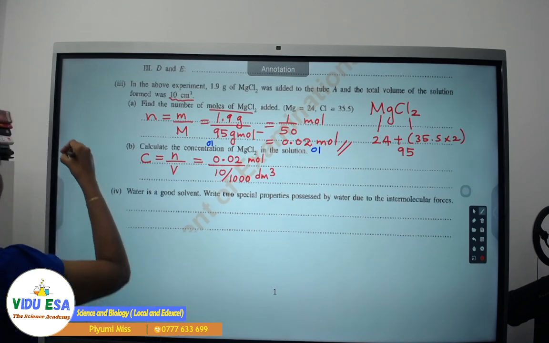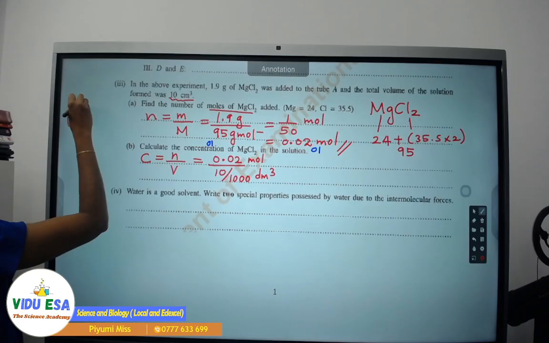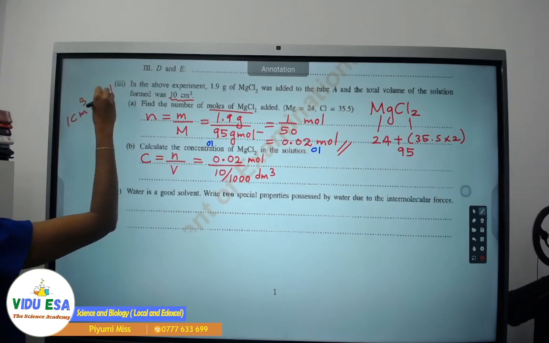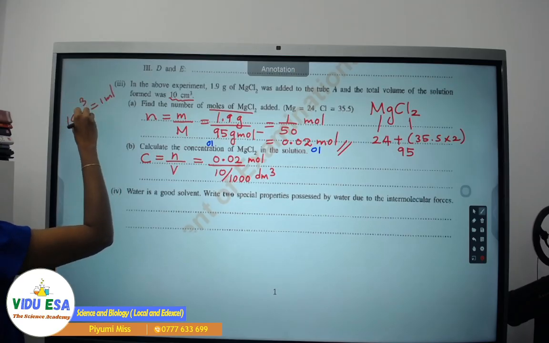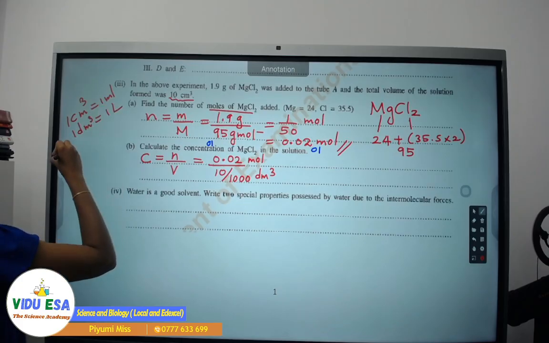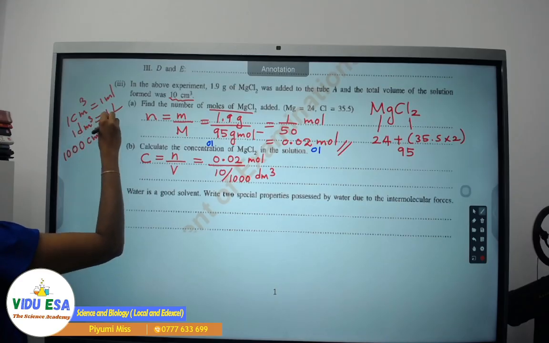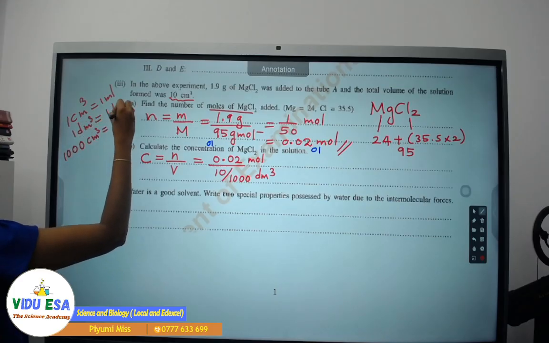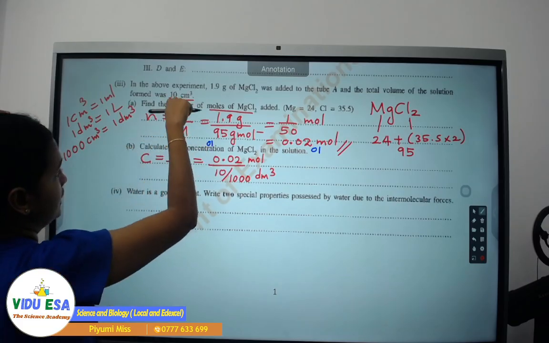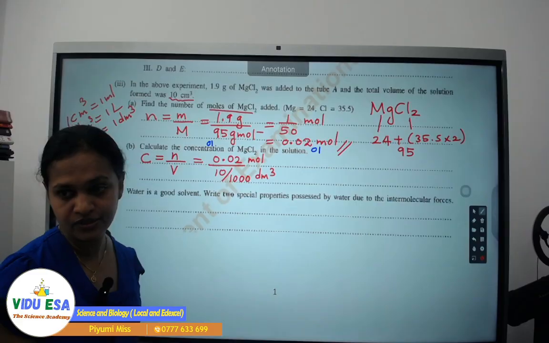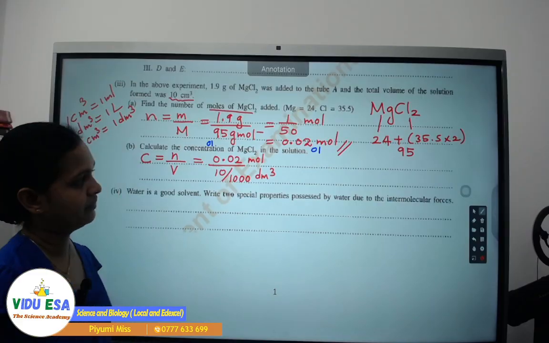I told you that 1 cubic centimeter equals 1 milliliter, and 1 cubic decimeter equals 1 liter. So 1000 cubic centimeters is equal to 1 cubic decimeter. In order to convert cubic centimeters into cubic decimeters, we have to divide by 1000.